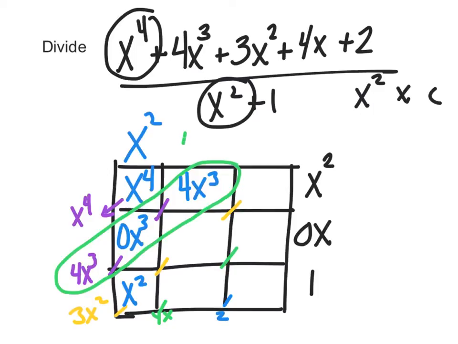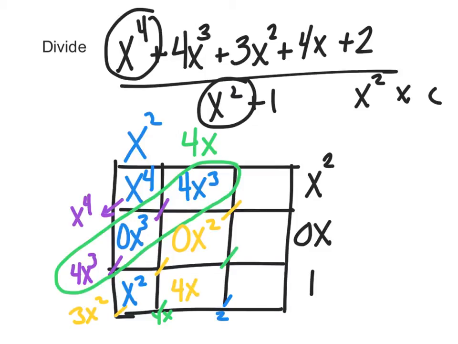Well, we know the number for sure is a positive 4, and I need an x times x squared to get x cubed. So again, now that I know this, I can fill this whole column in. So I'm going to say 4x times 0x. Notice that 0 is there, so 0x squared. And 4x times 1 just gets me 4x.